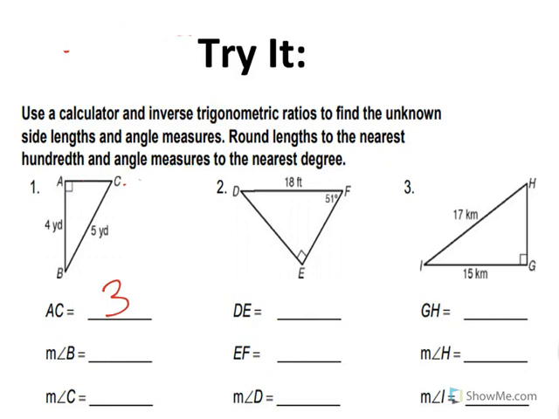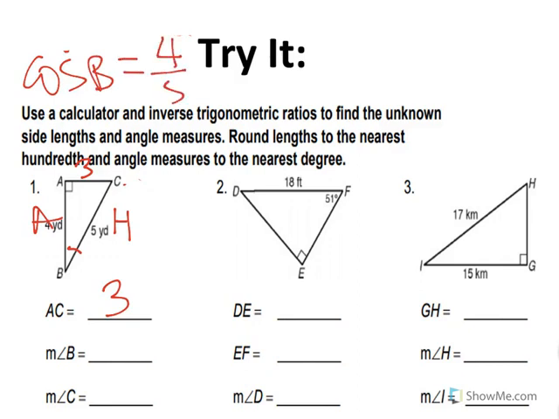Right, and to solve for angle B, so this is 3. So let's say we're given these 2. So we have adjacent and hypotenuse. So we can use cosine. So we do cosine of angle B equal to adjacent over hypotenuse. So that means that B equal to cosine inverse of 4 over 5.